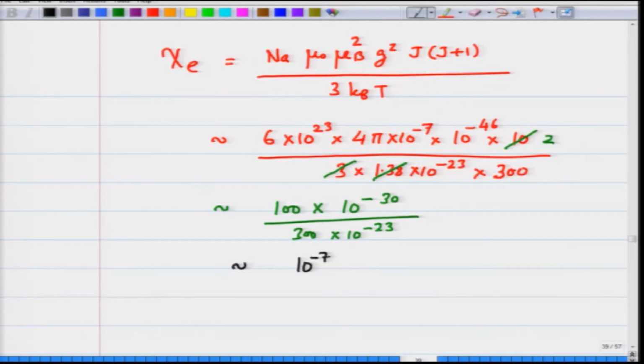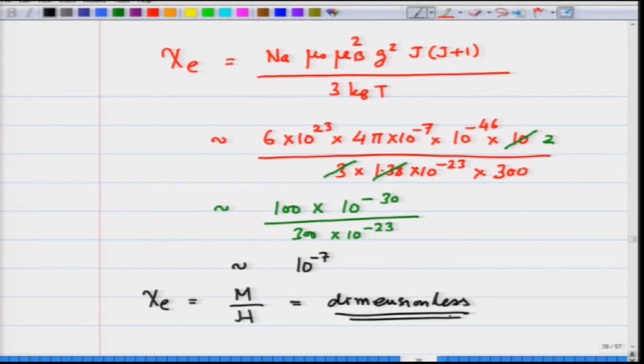So, I can say it is of the order of 10 raised to minus 7 to 10 raised to minus 5, and this is a dimensionless number because chi E is magnetic moment divided by H, and I leave it for you to check that this is dimensionless. So, this is the kind of susceptibility we are talking about.